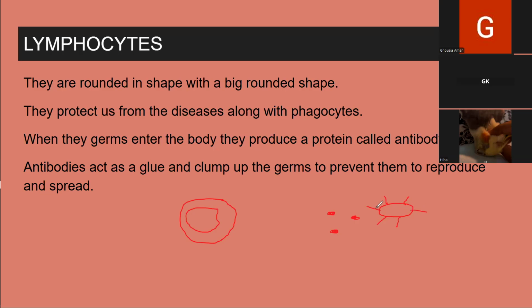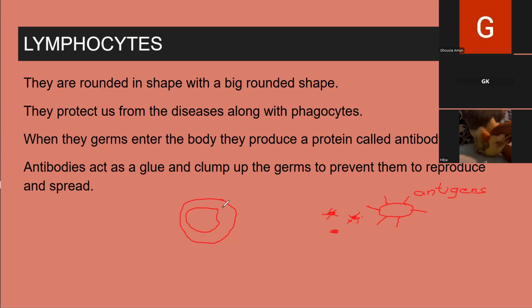The way we have fingerprints, every living cell membrane has some special type of proteins. We call them antigens. So on the bacteria cell membrane also, there are those special proteins called antigens.